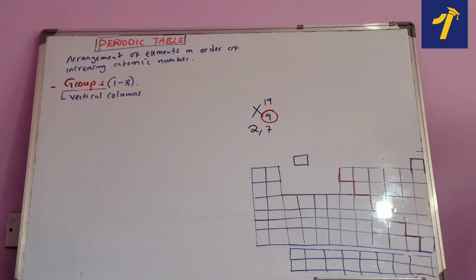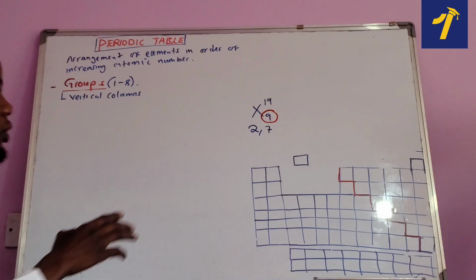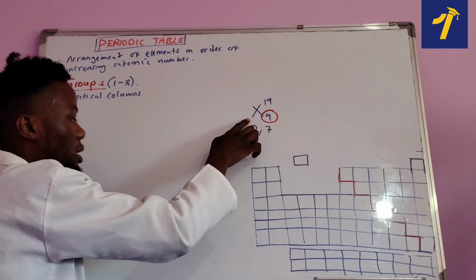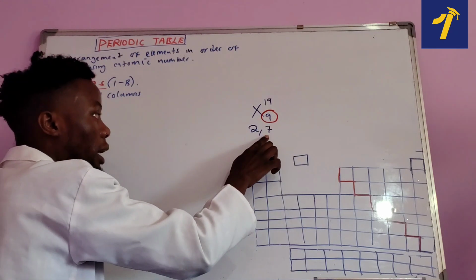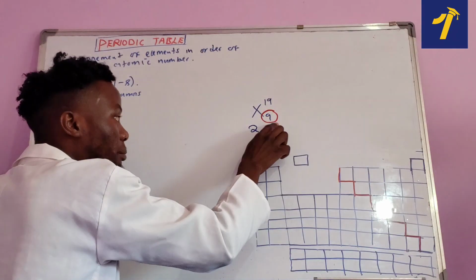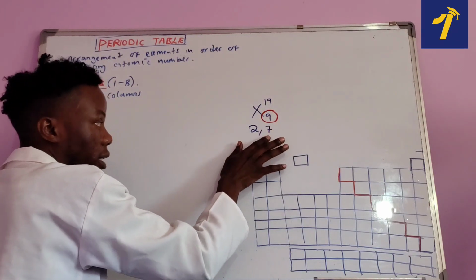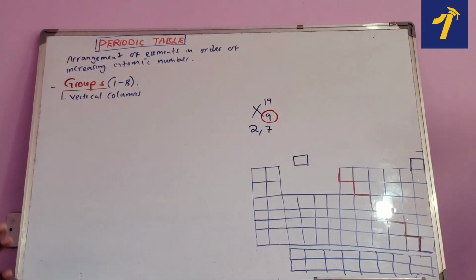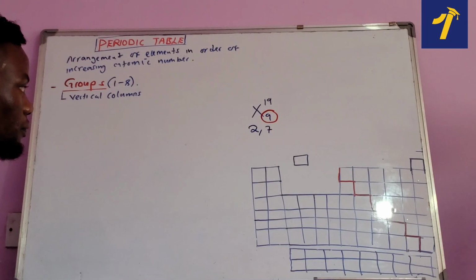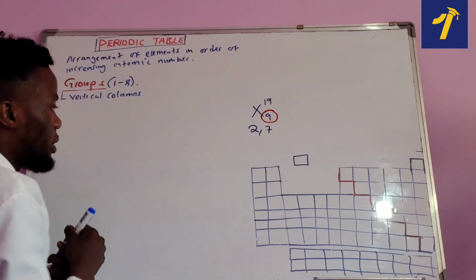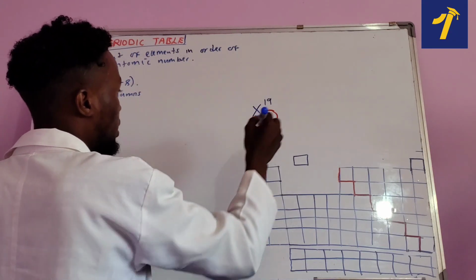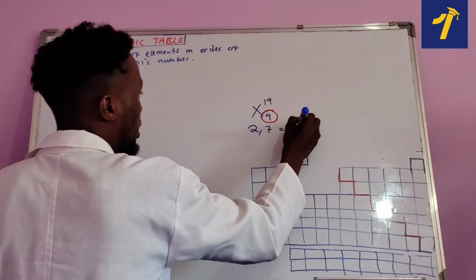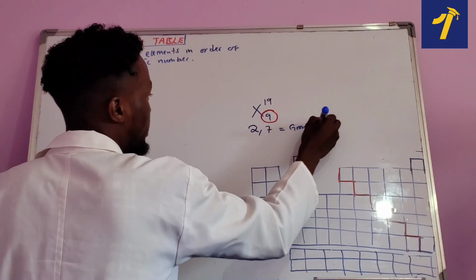So that is the electronic configuration of element x. Now, for you to know the group number of element x, simply look at the last shell, the number on the last part here. That's how you tell that this element is in group 7. So basically, element x is in group 7.